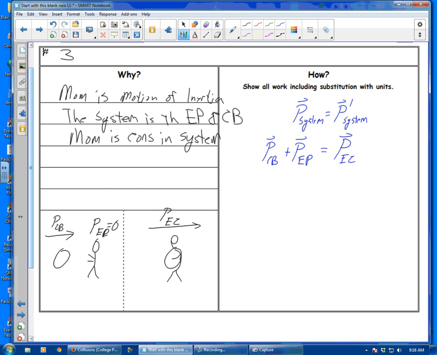And then I'm going to use the fact that I understand what momentum is: inertia of the cannonball, velocity of the cannonball, plus, oh, what's the momentum of the elderly performer? 0, right? Don't forget my units so I don't give away any points. And then afterwards I have the inertia of the elderly cannonball and the velocity of the elderly cannonball afterwards.